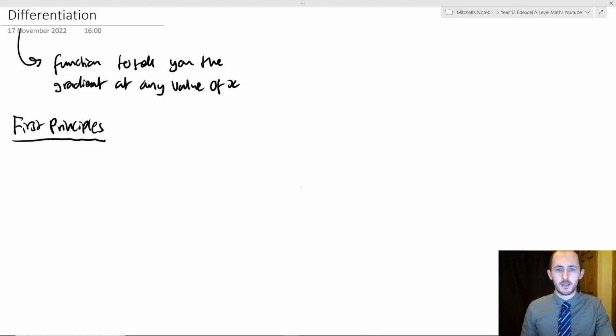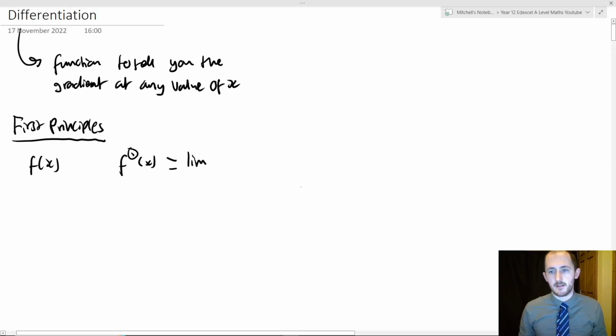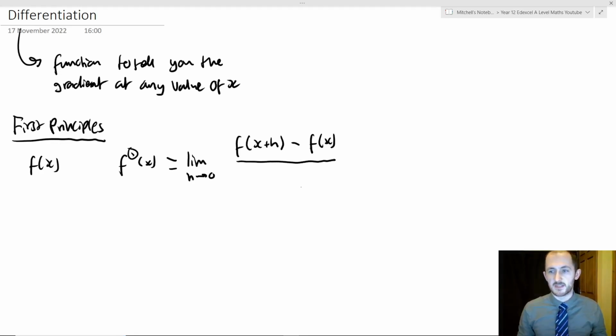So what we do is we will have some kind of function, f of x, and to differentiate, we normally just put a little apostrophe. That means it's the differentiated version. And the way we take this, you're not going to have seen this before, but I promise you it's not that bad. Those of you that are interested in maths and doing maths at university or physics might find this a bit exciting.